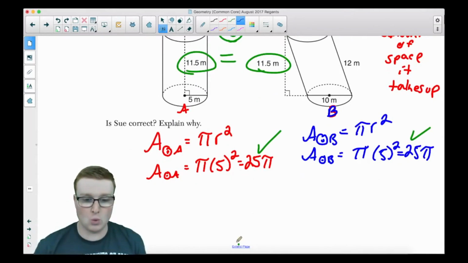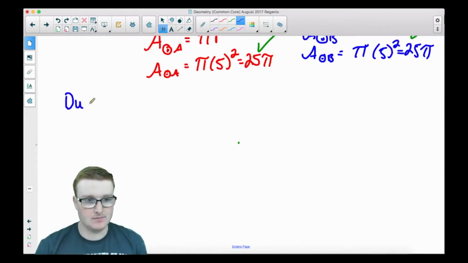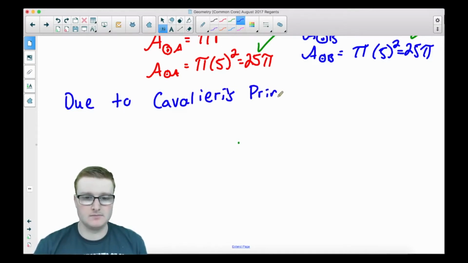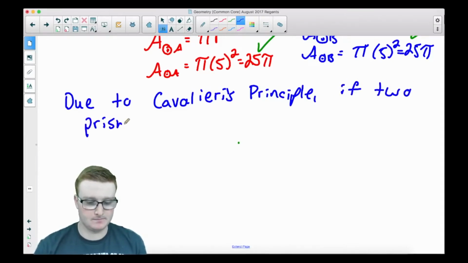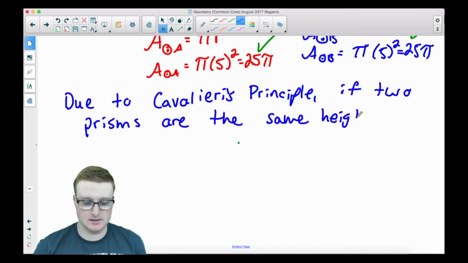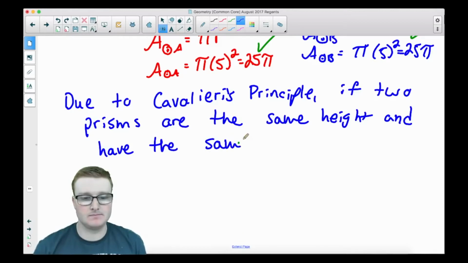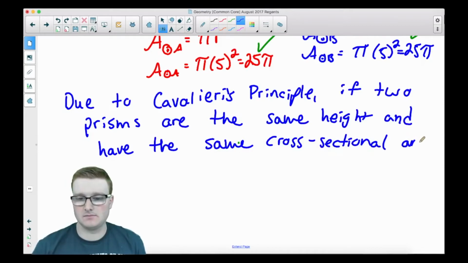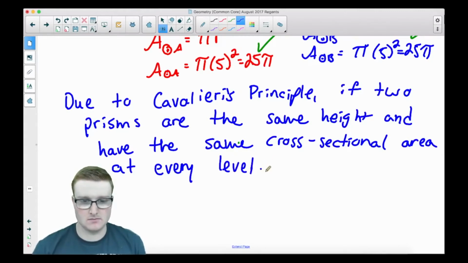So, your explanation in words is this. Due to Cavalieri's principle, if two prisms are the same height and have the same cross-sectional area at every level, then the volumes are equal.